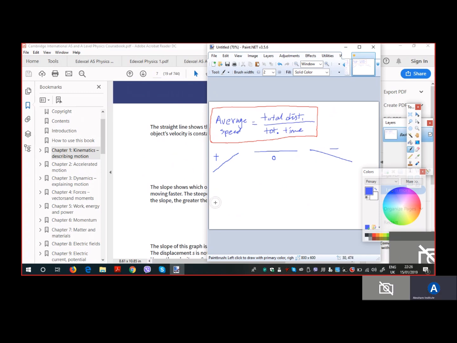And if it is like this, can you say the gradient is increasing? Do you remember? If it's like this, the gradient is decreasing. By the way, this is increasing, and also it is positive. Here it is still positive, but decreasing.